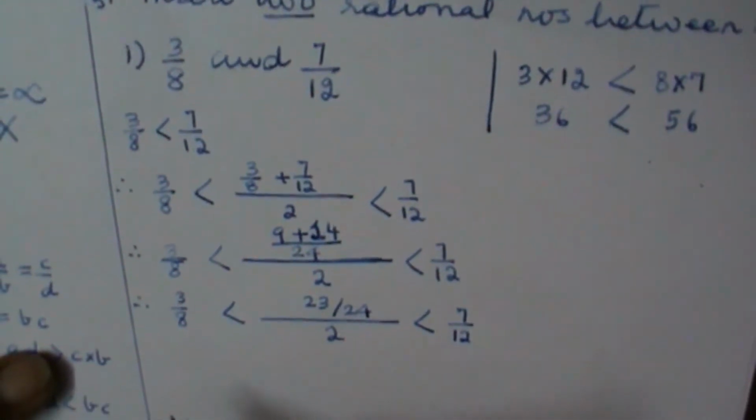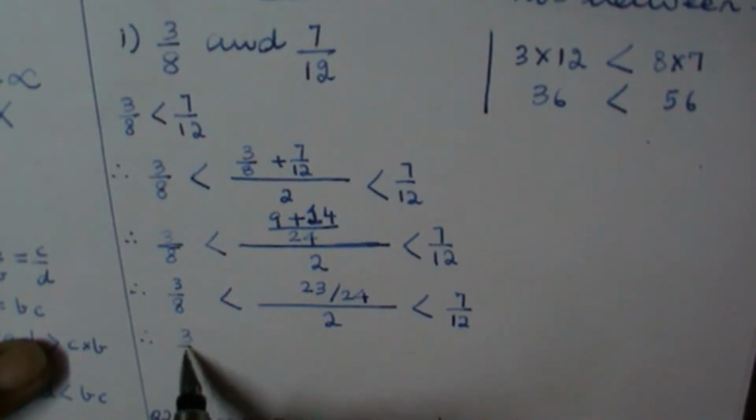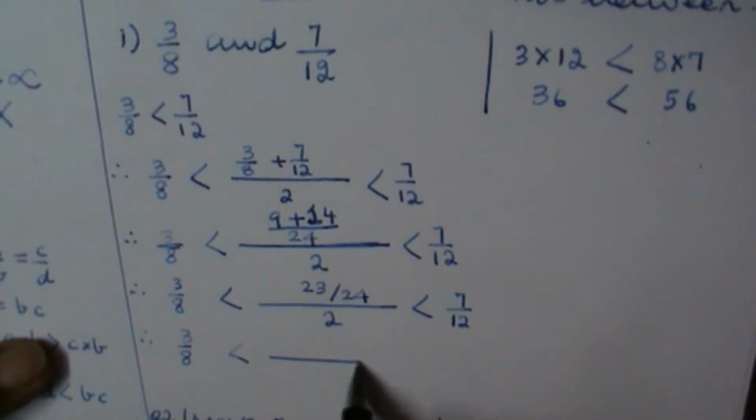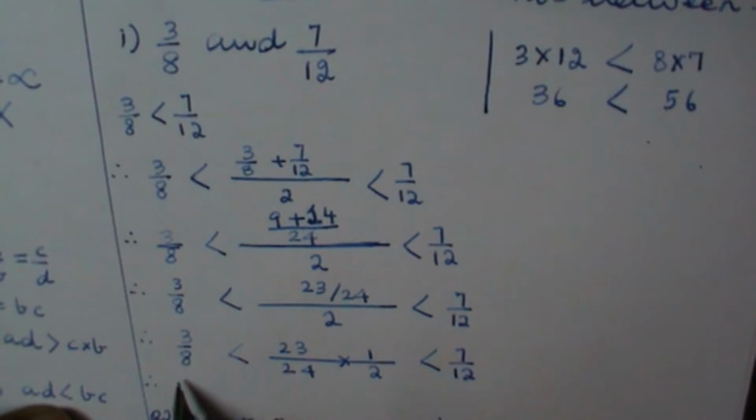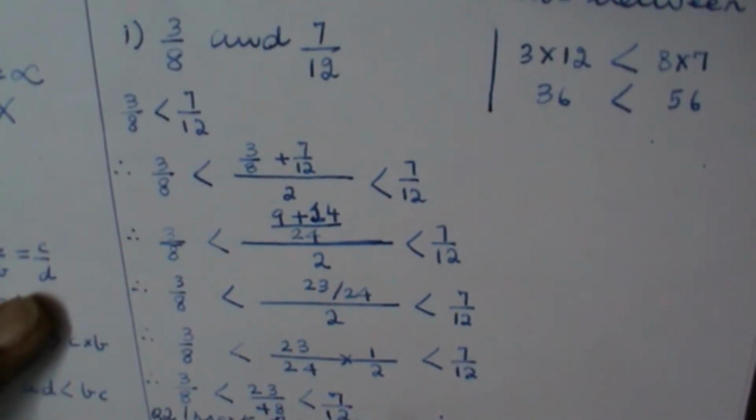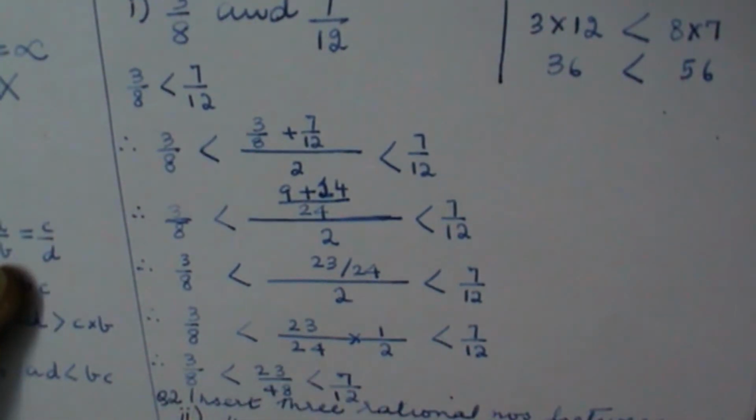And so you will now get therefore 3 upon 8 less than 23 upon 24, and this 2 is dividing, so I will put like so, and that will give me 7 upon 12, and so I will have therefore 3 upon 8 less than 23 upon 48 less than 7 upon 12. Now this becomes our first rational number.